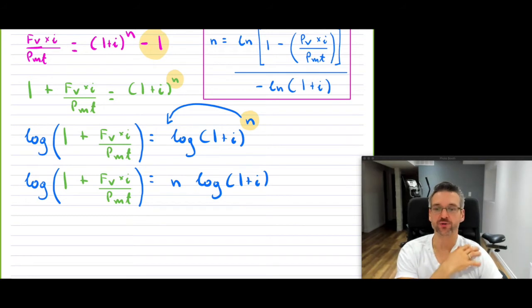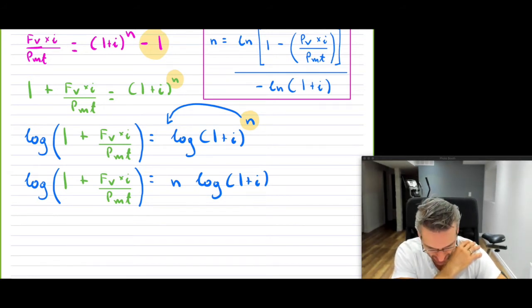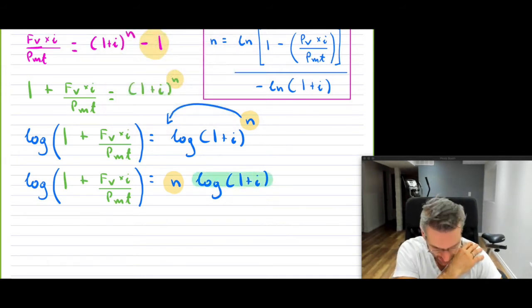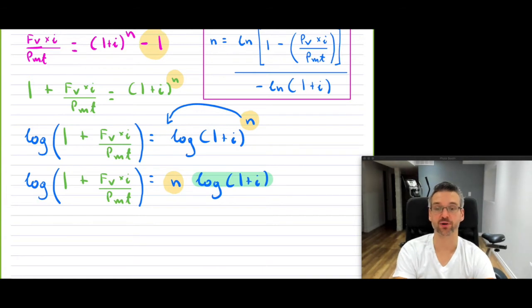And now in order to solve for n, I'm going to divide both sides by log of 1 plus i, because it's just a number. Remember, we know i, we know the future value and we know the payment, so all of these are just numbers.